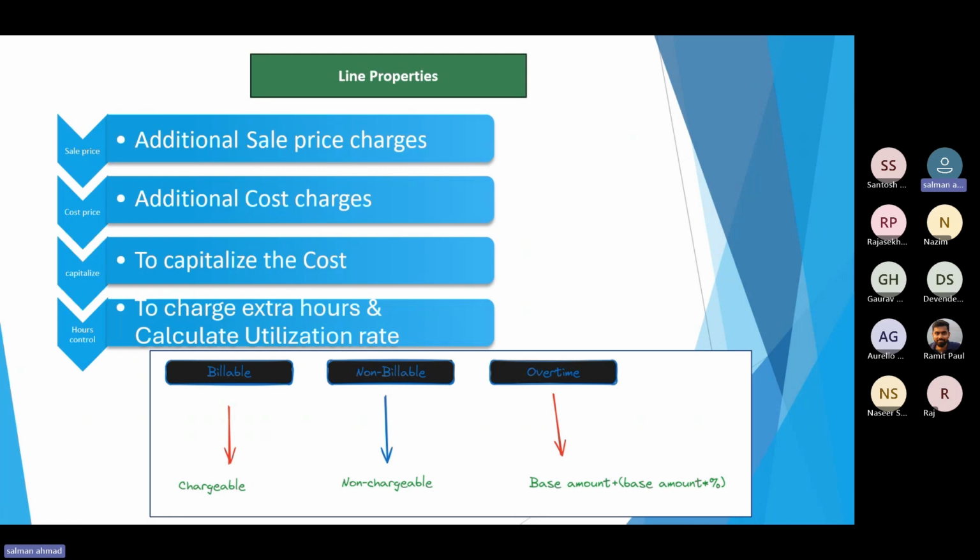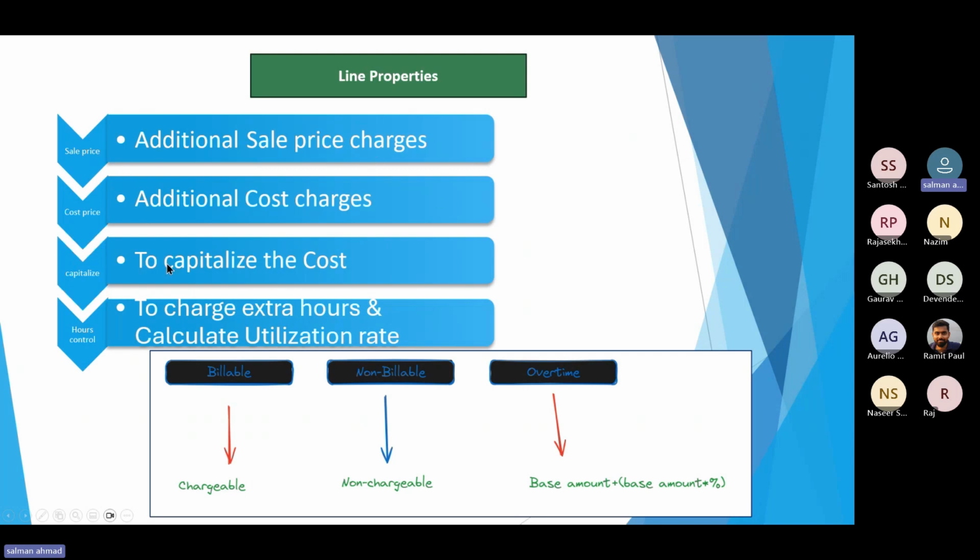To keep it simpler, with a credit card, whatever amount we utilize, the bank will charge us 10% or 5%. In a similar way, there could be some transactions for which we charge something additional to the customer, and matching with the revenue matching principle, we will post the relevant cost also. This is relevant to the time and material project.